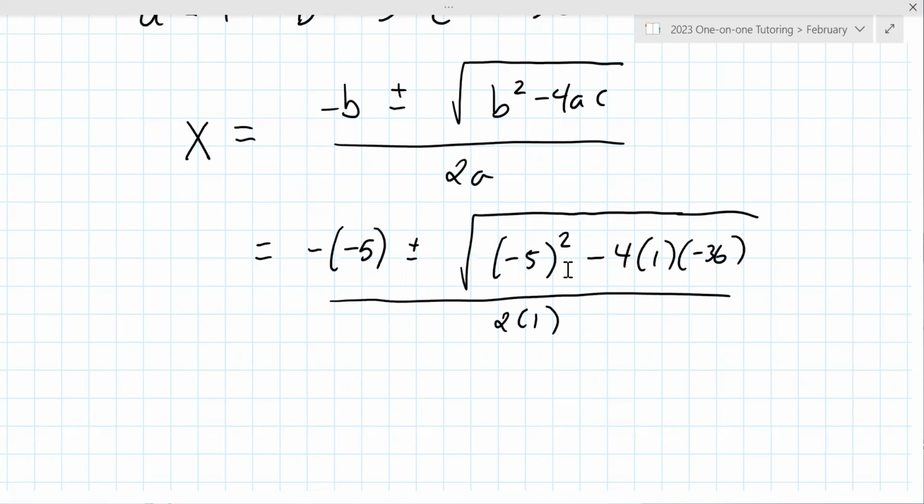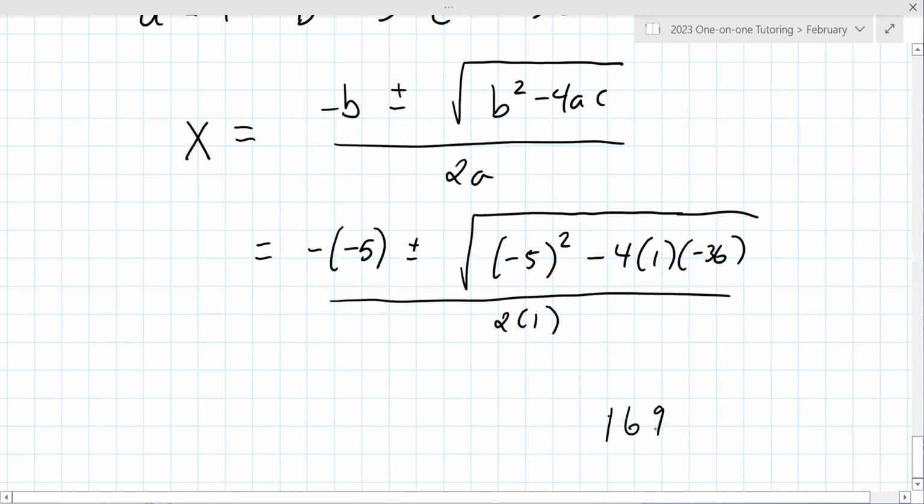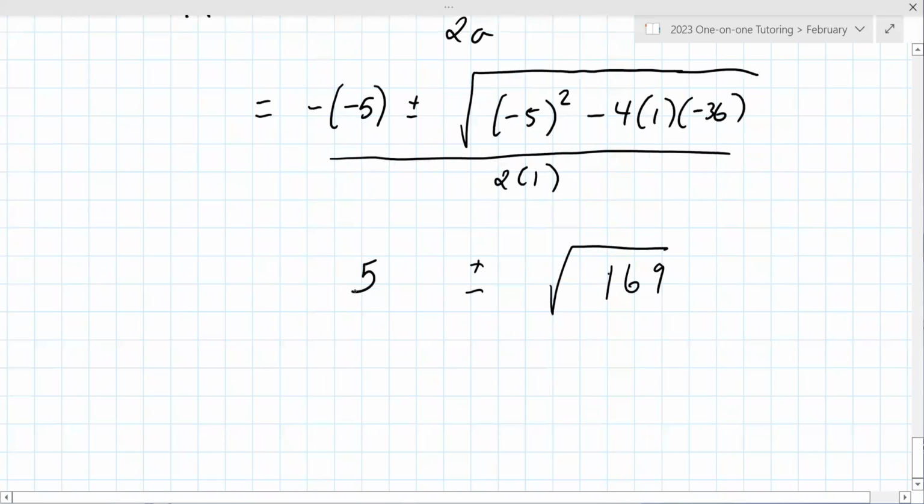I got 119. I'm not sure if that was right, but it is 169. Okay. I'll take a lot more time making sure, but I don't want to take up time. All right.